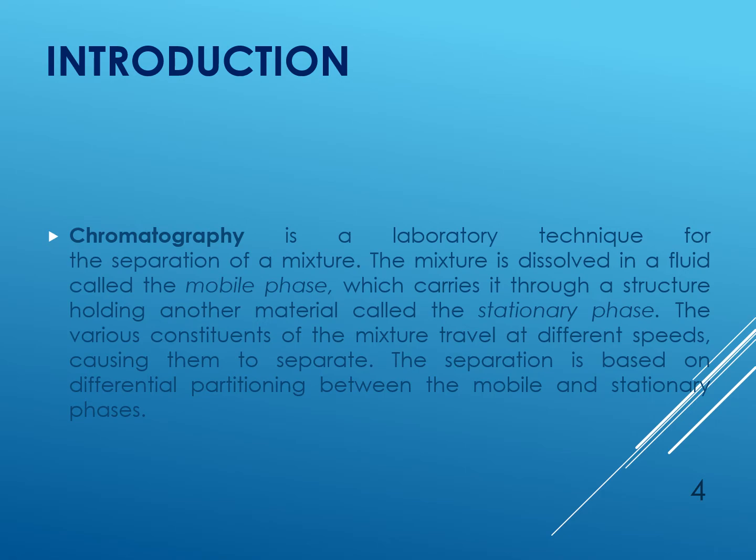And the mobile phase, along with the mixture of components, moves over the stationary phase, and the particles which show affinity towards the stationary phase will lag behind, and the particles which do not show affinity with the stationary phase move along with the mobile phase and move over the column and pass through the end of the column. So in it, basically the affinity of particles is studied between the stationary and the mobile phase, and in this way the particles from the mixture can be separated from each other.